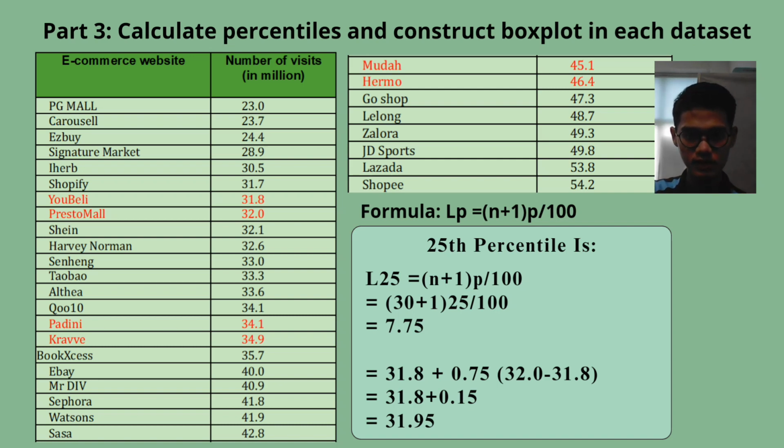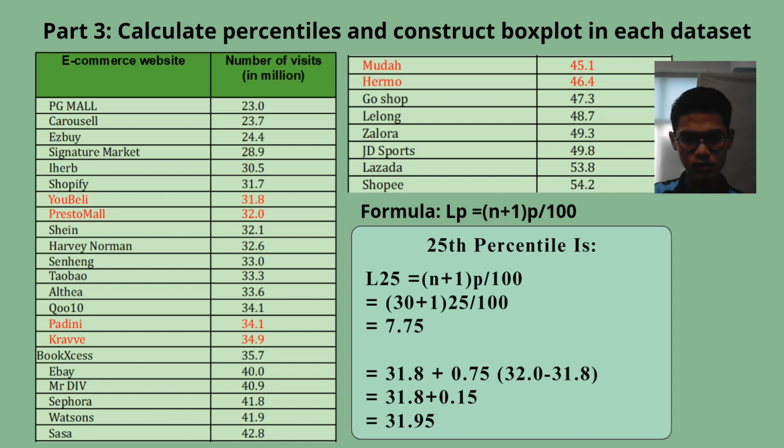Formula to find percentile. For the 25th percentile, it is (30 plus 1) times 25 divided by 100, which is 7.75. So 31.8 plus 0.75 times (32.0 minus 31.8).